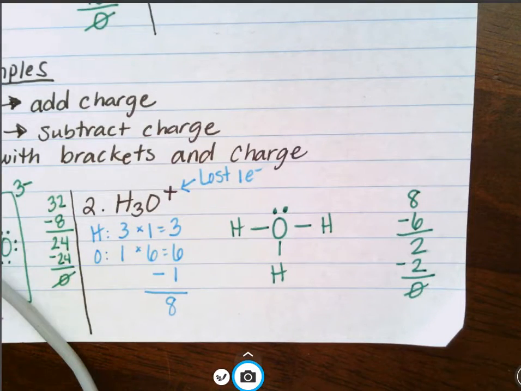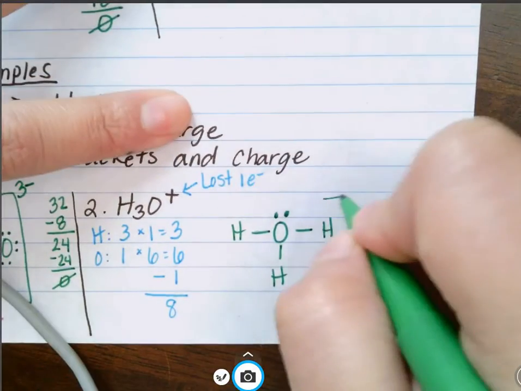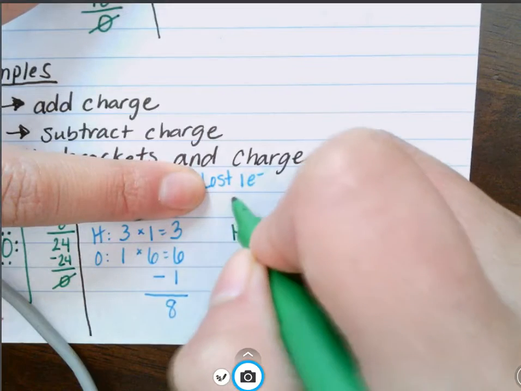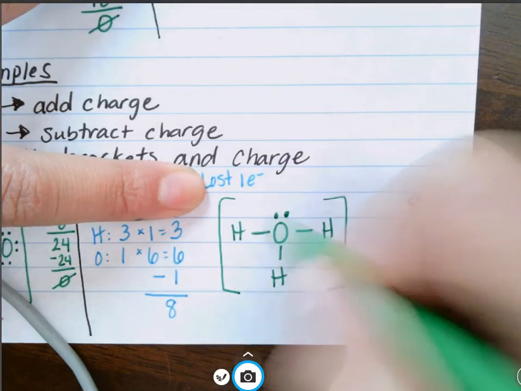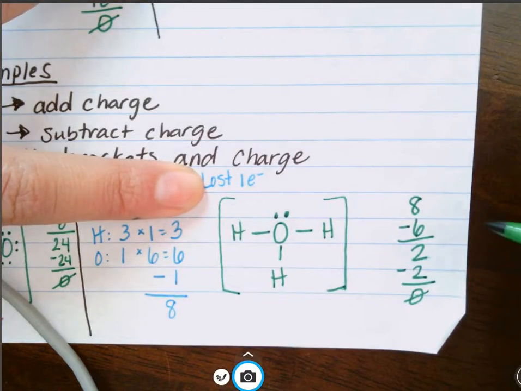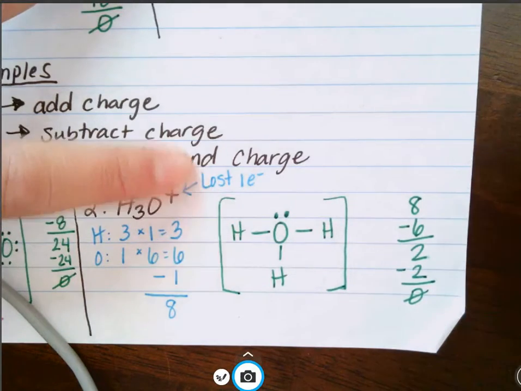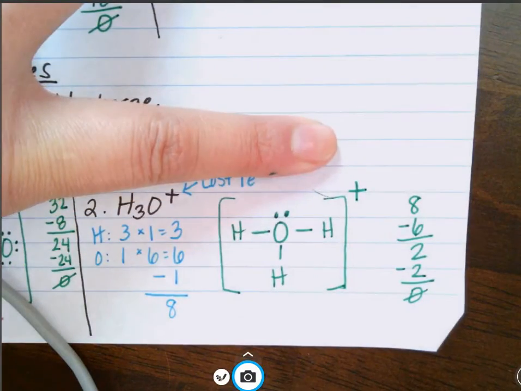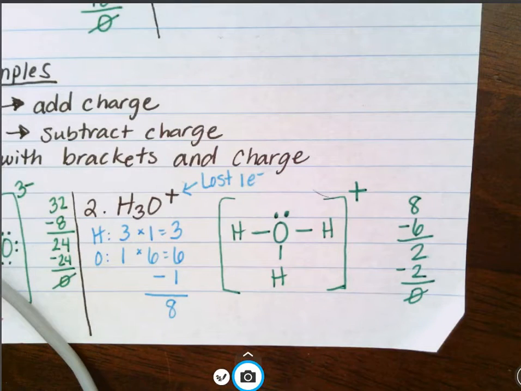We're just missing brackets, because normally if this was just regular old hydrogen with oxygen in this ratio, it wouldn't have a charge, right? It wouldn't have this many electrons. It would have 1 more electron. So to say that it's missing an electron, we put that +1. Okay, we're almost done.